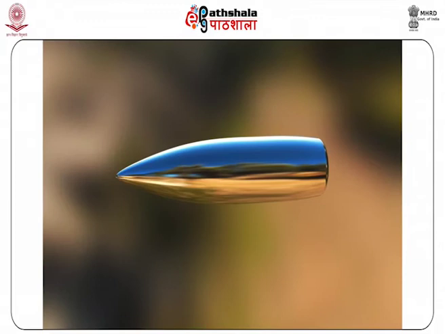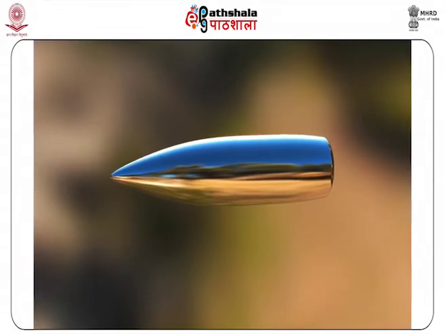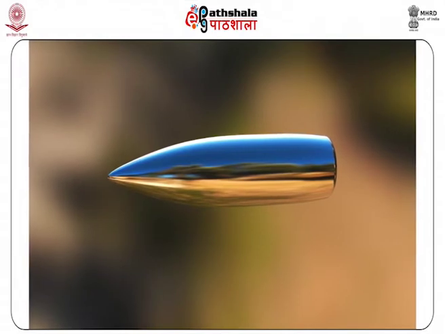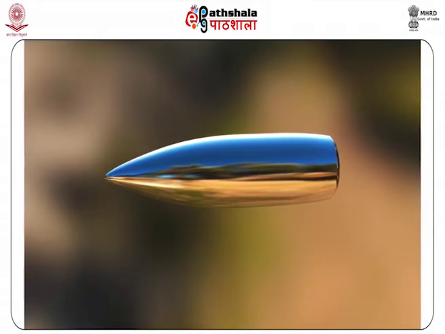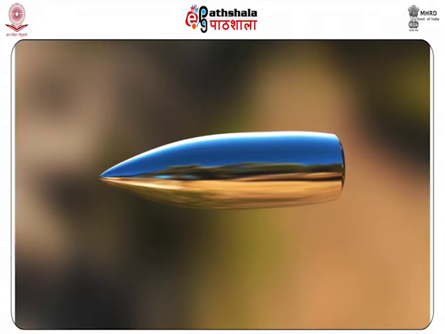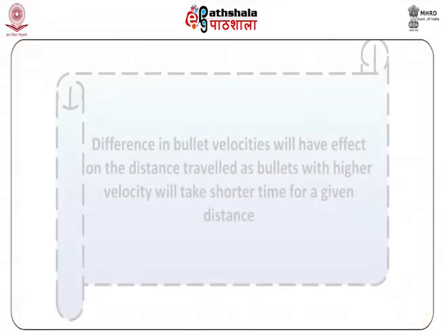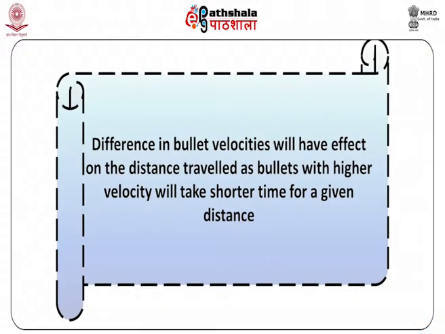Thus, all bullets, whether moving with small velocity of 200 feet per second or large velocities of about 4000 feet per second, will have a fall of 16 feet in 1 second or 4 feet in a quarter of a second. The difference in bullet velocities will have effect on the distance traveled, as bullets with higher velocity will take shorter time for a given distance.